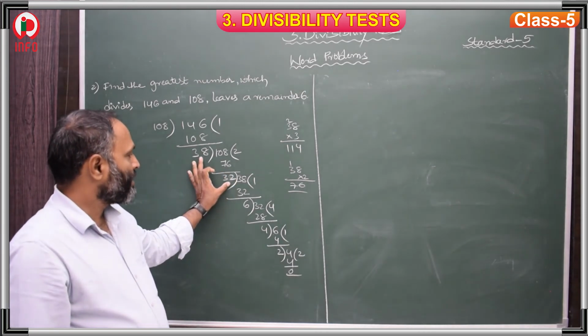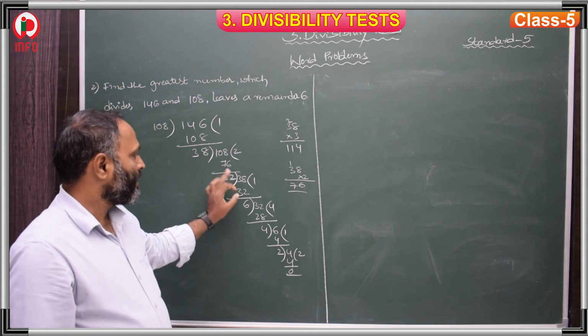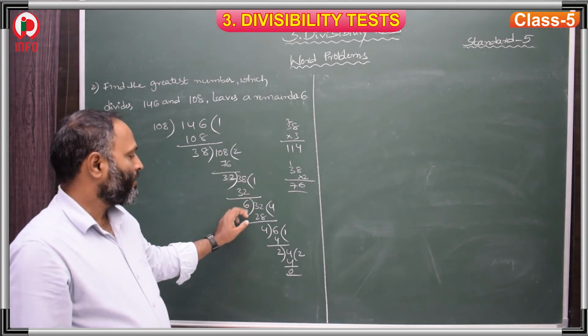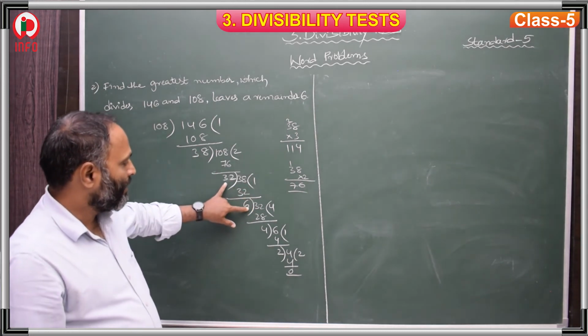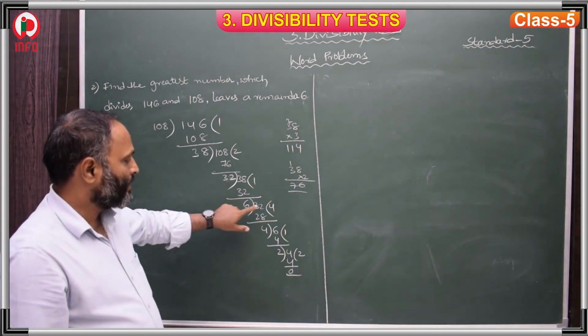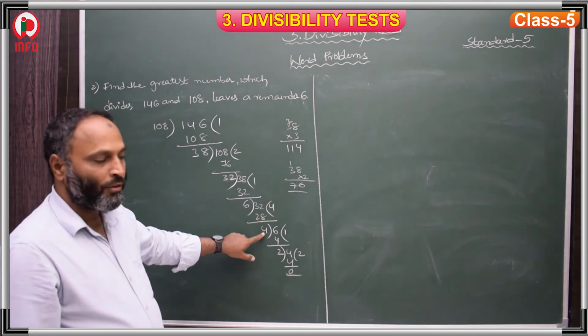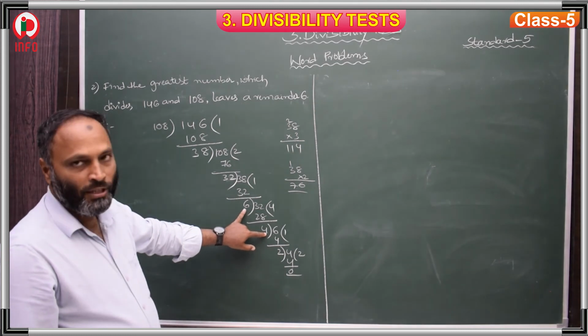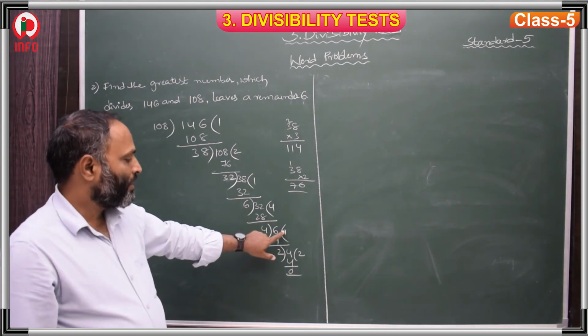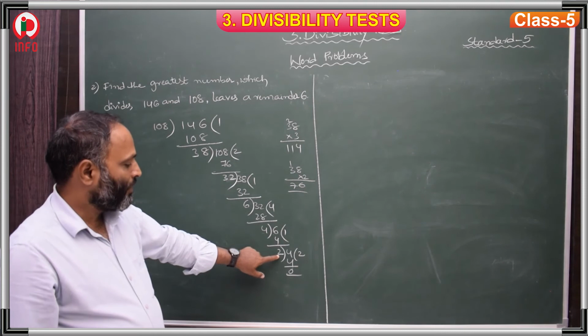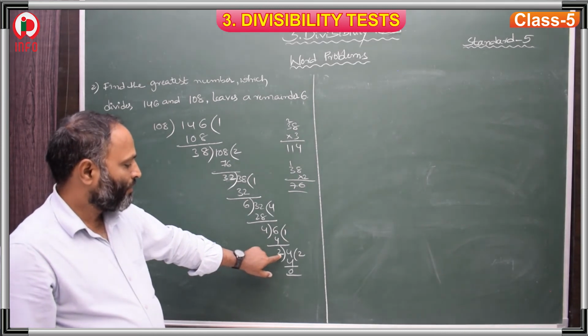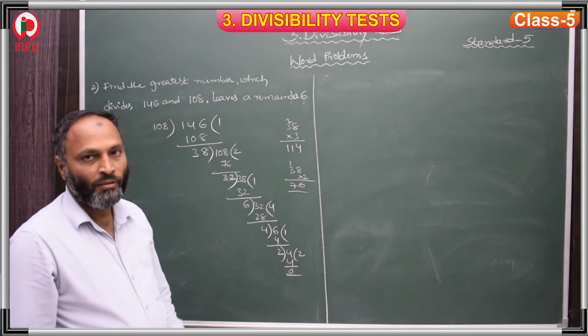Second remainder with second divisor, that is 38. 32 ones are 32. Again remainder. Third remainder with third divisor. Then 6 4s are 24. Remainder 4. Fourth remainder with fourth divisor. 4 ones are 4. Remainder 2. Fifth remainder with fifth divisor. 2 2s are 4. Till 0 we have to do.